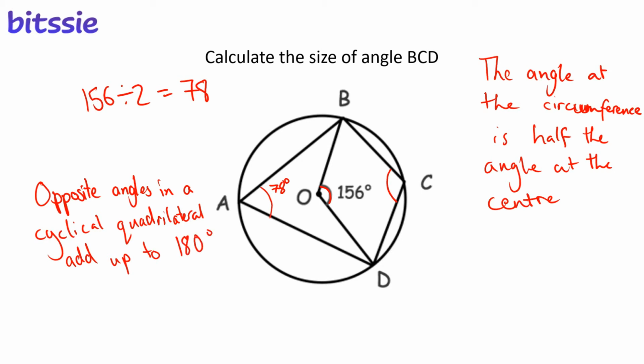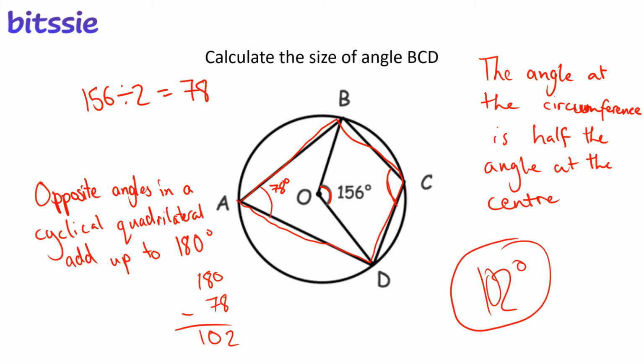So we've got 78 on this side of the cyclical quadrilateral, which I've just highlighted here, and on the other side is this. So let's work it out. 180 minus 78 gives us 102. So angle BCD is 102 degrees.